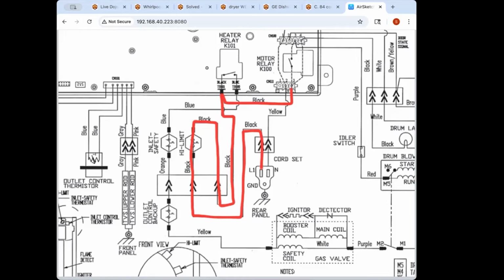But again, like Tim said, it is getting power, so that would have to be good, correct? That high limit? Well, switches go flaky. They can be good in a quiescent state, and then you start running some current through it. Look at what's going through there.